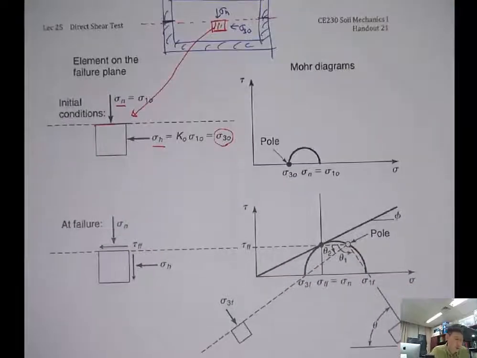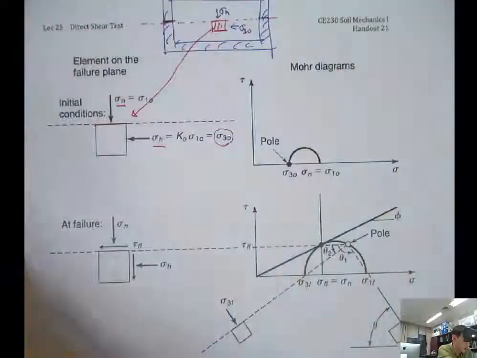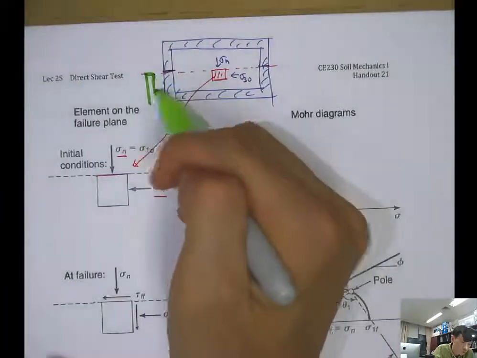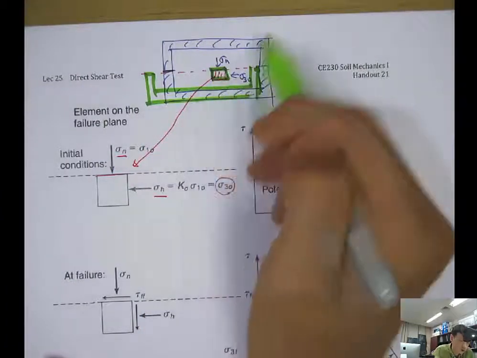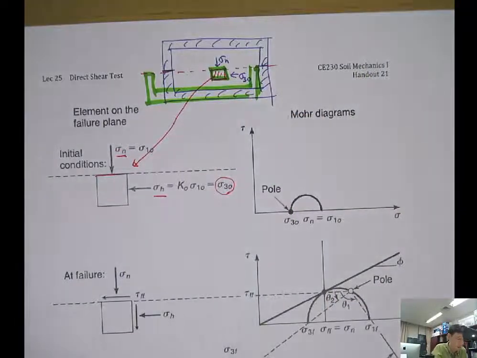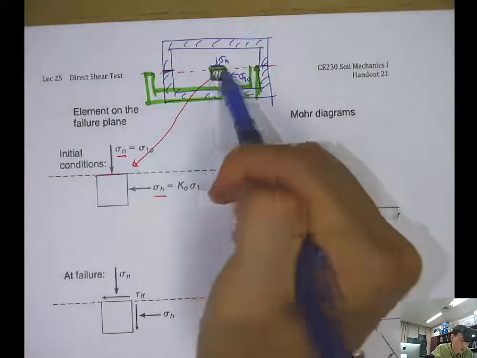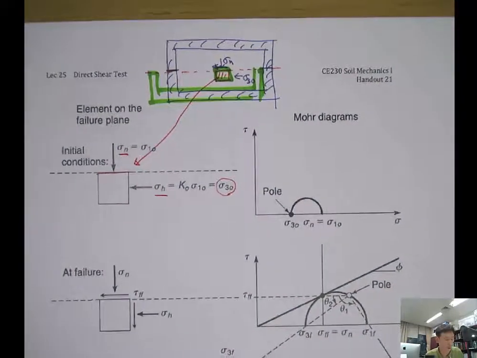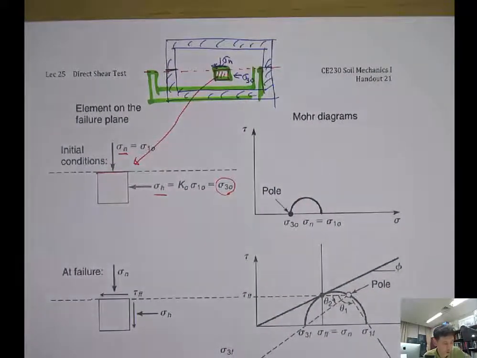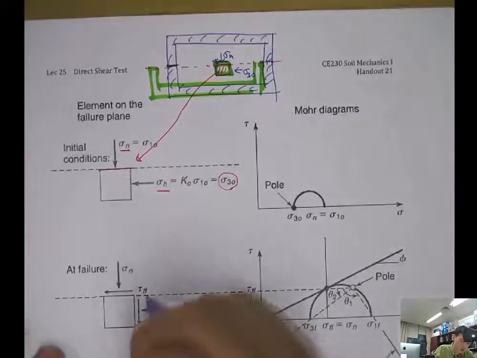What about at failure? When this shear box moved by this much, the soil mass fails by the shear stress applied on the horizontal surface, and that's given here.